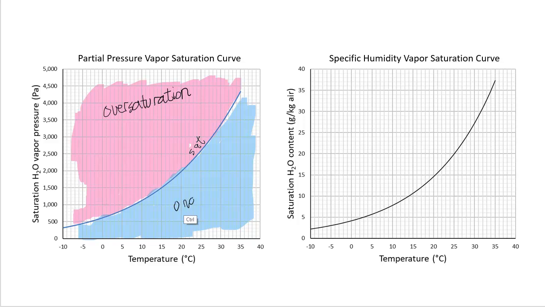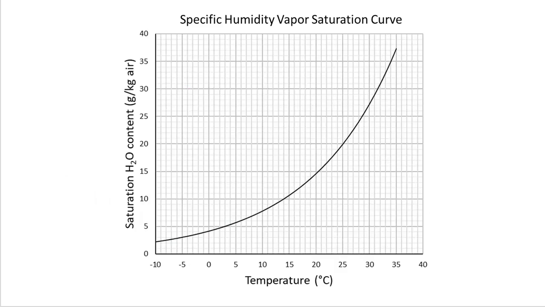Let's try that label again: undersaturation with respect to water vapor. And the same thing again applies to the graph on the right, just measuring the water vapor concentration in a different way.